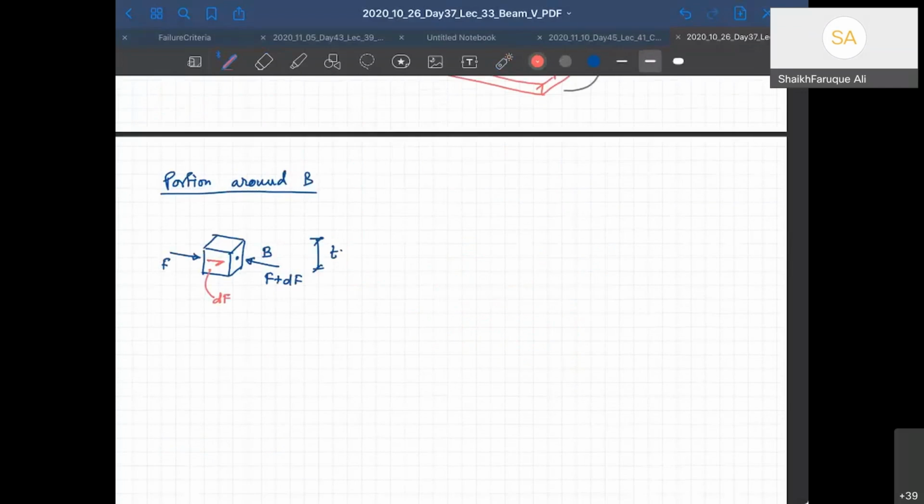Okay. Now, since there is a shear force acting here in the dF, there has to be a transverse or complementary shear that has to act, and that complementary shear is going to be something like this. Clear? So this is dF, and that is your complement.